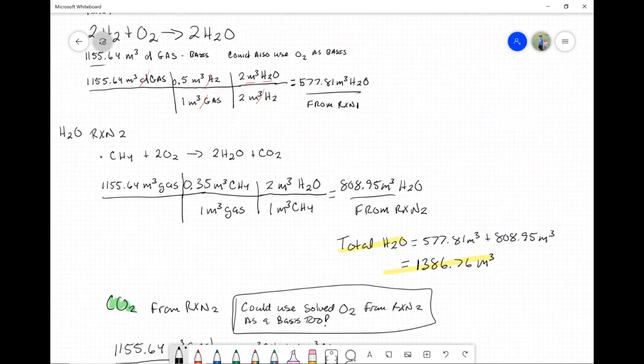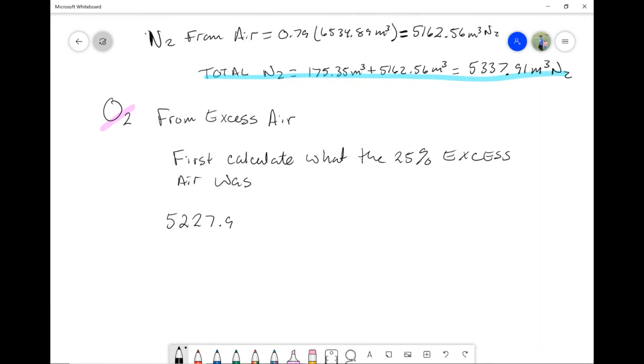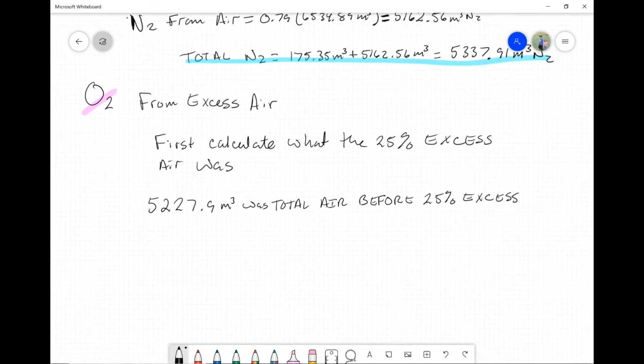I was getting it confused. 5227.9 was the air before the 25% excess was added.